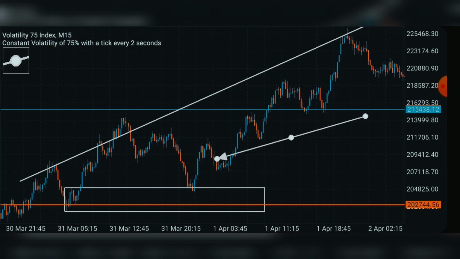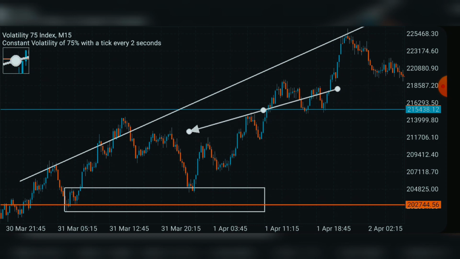So some persons would have taken it here, but most persons would have waited here or right here, because this came back and it retested this zone as well as this zone. So these two supply areas were basically retested, right? So it came, tapped into this demand zone, pushed up, and then it came and tapped into this supply zone.